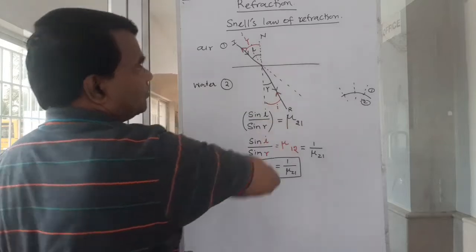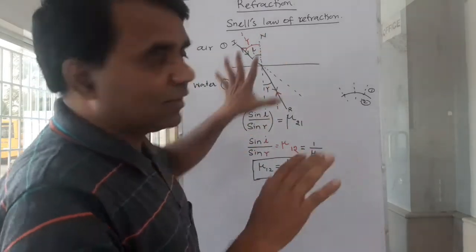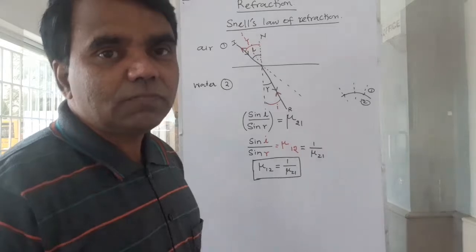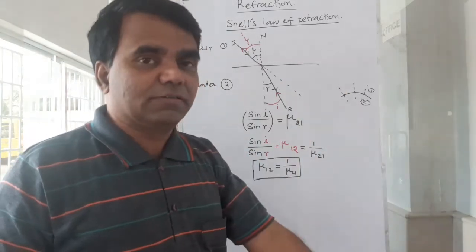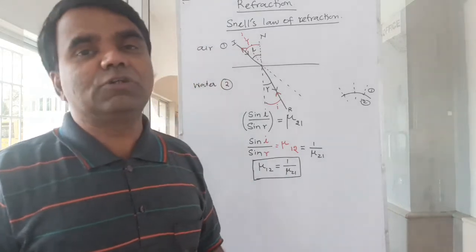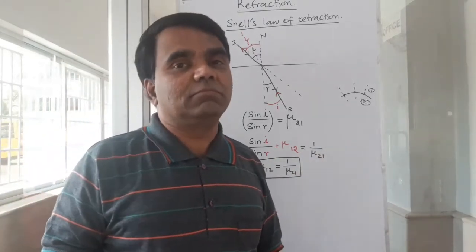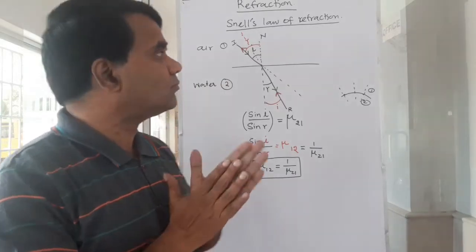Basically, they retrace this path. So you cannot always assume that after refraction it will bend a certain way. It depends on the medium, on which medium you have gone into from which other medium.